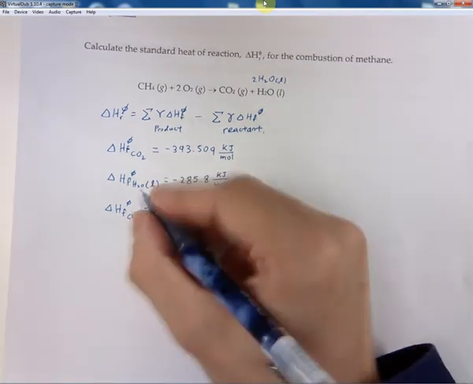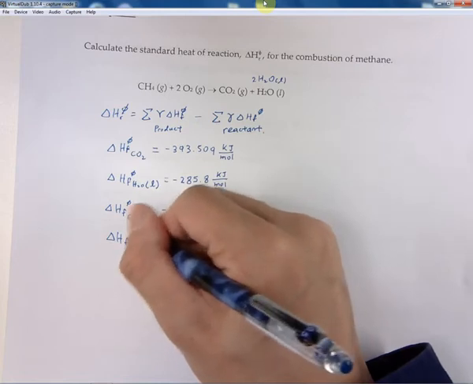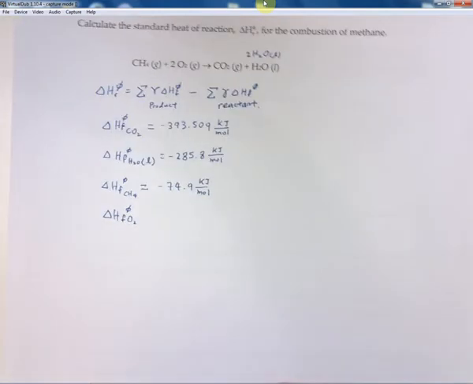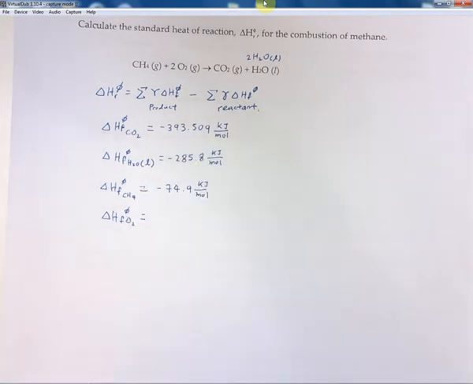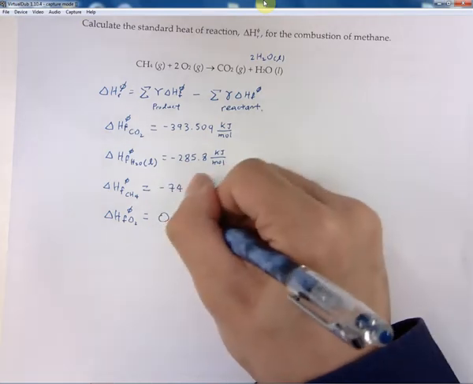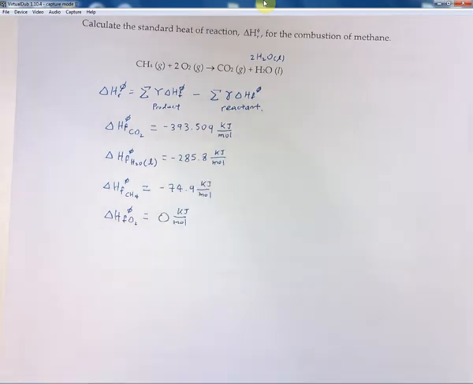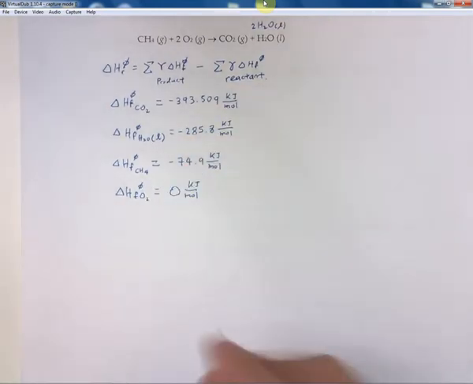And lastly is for oxygen. Oxygen itself is an element. So for elemental species, it's very straightforward. The heat of formation is 0. So take note of this. Okay, so we have all these values over here.